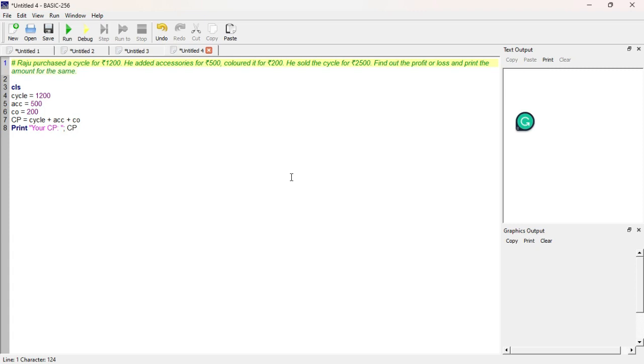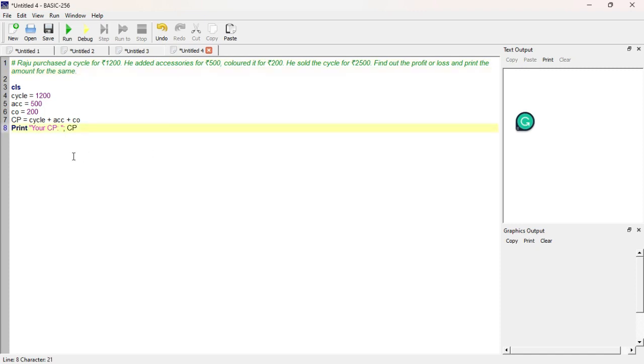But if the selling price is less and the cost price is more, then he will be at loss. After calculating whether it is profit or loss, we subtract or add it in the CP, so we get the amount. We have to do all this, and it will be a lengthy program.